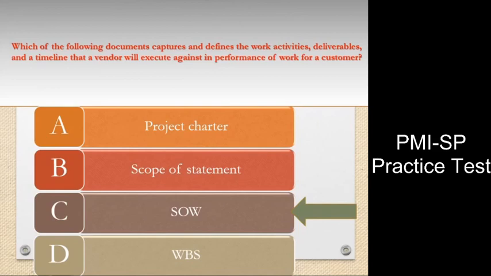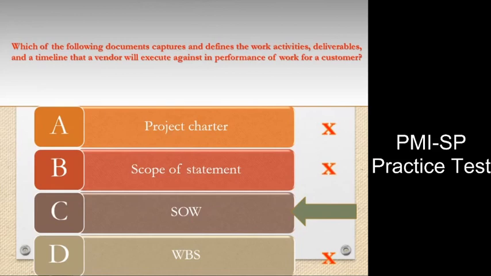SOW is a narrative description of products or services to be supplied by the project. For internal projects, the project initiator or sponsor provides the statement of work based on business needs, product, or service requirements. For external projects, the statement of work can be received from the customer as part of a bid document.